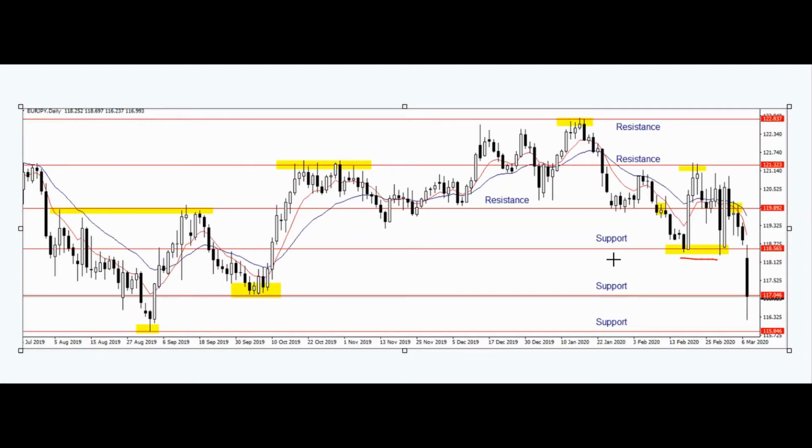Conversely, of course, should price close below this and then retrace back up to this 119892 area, which for me is significant, then we'd be preferably looking to short around this area here based upon a very significant sell signal that we are looking for, and we will retarget certainly down here in the first instance around the 117046 or even further down to this 115846 area. So again, it's a wait and see game right now.